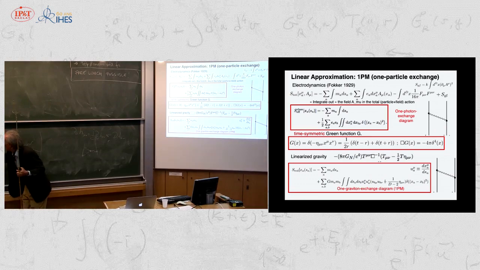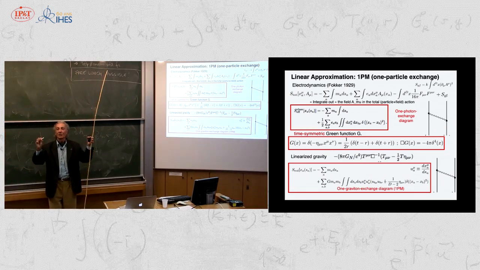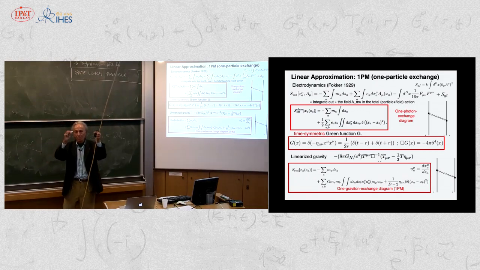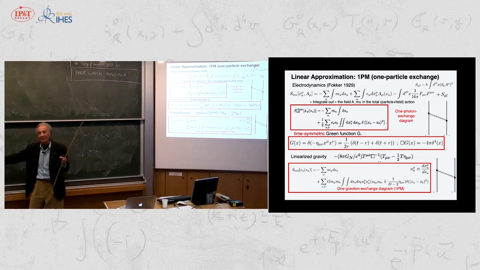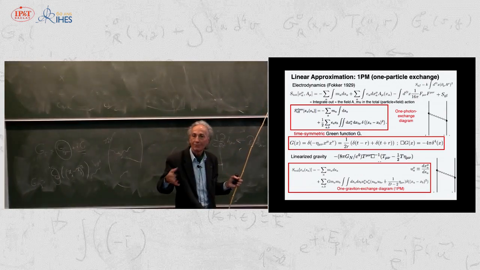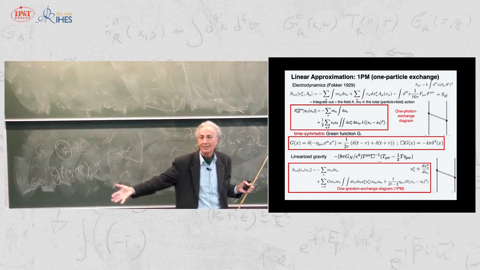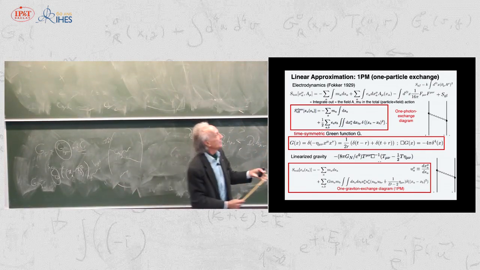So this is a one-dimensional delta function, and you prove that this is the symmetric Green's function for Maxwell's equation. This thing satisfies d'Alembertian of G equals minus 4 pi delta, and it comes in this way.